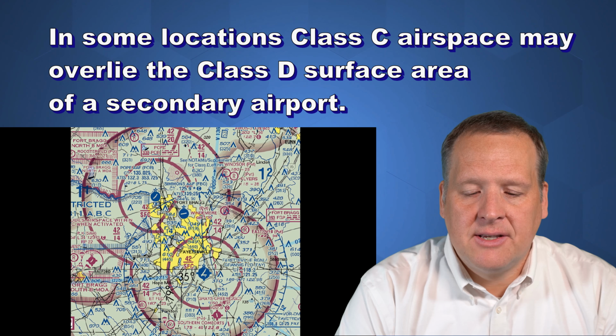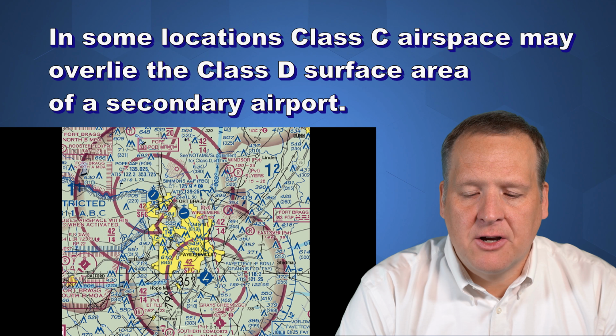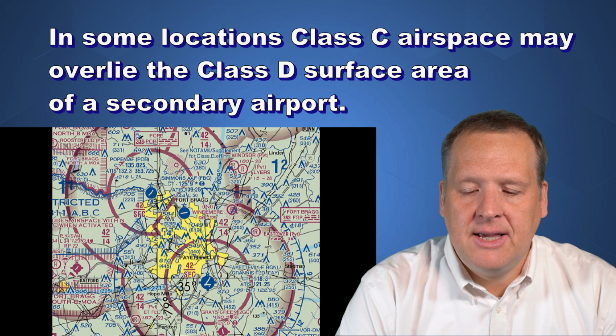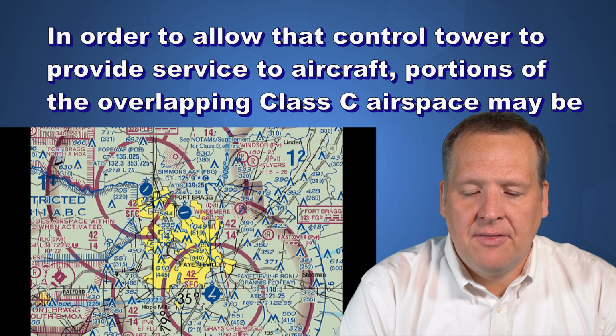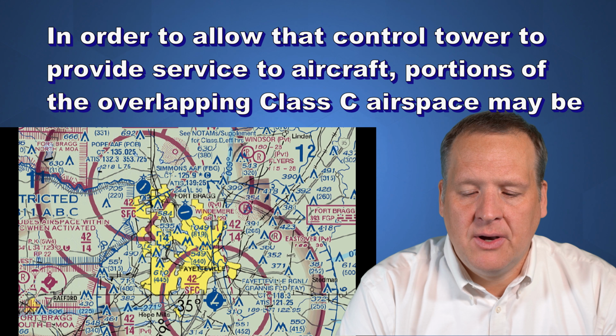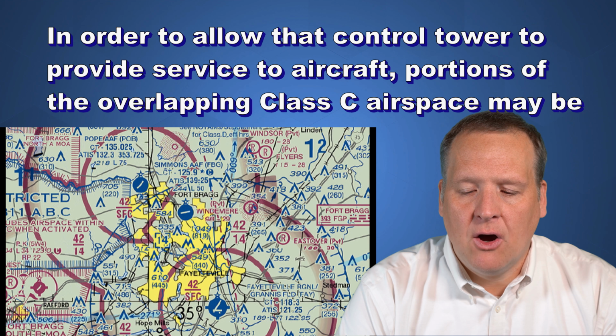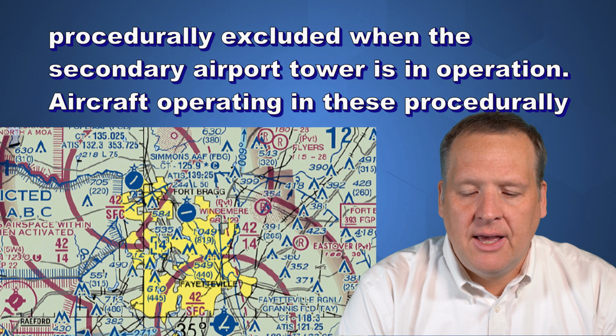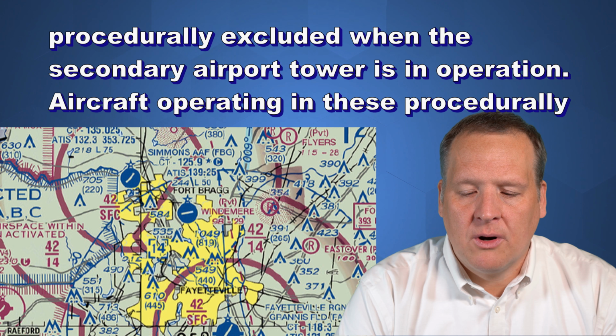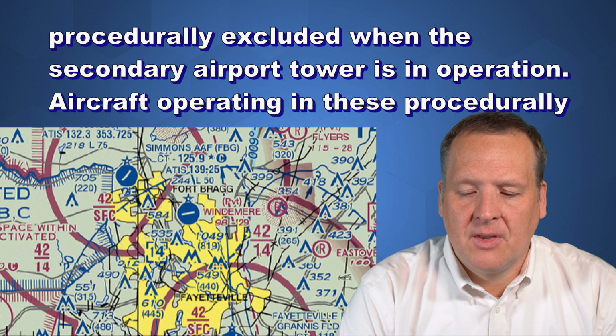Secondary airports. In some locations, Class Charlie airspace may overlie the Class D surface area on a secondary airport. In order to allow that control tower to provide service to aircraft, portions of the overlapping Class Charlie airspace may be procedurally excluded when the secondary airport tower is in operation.